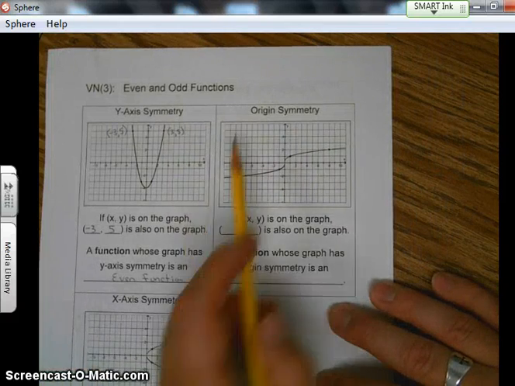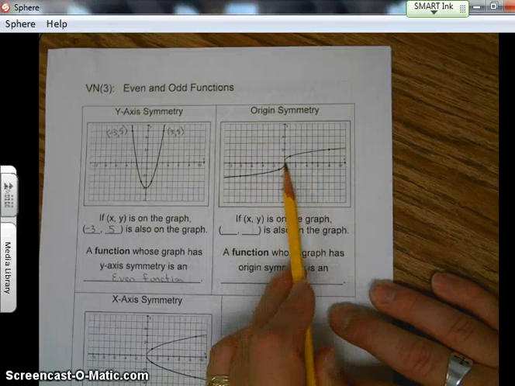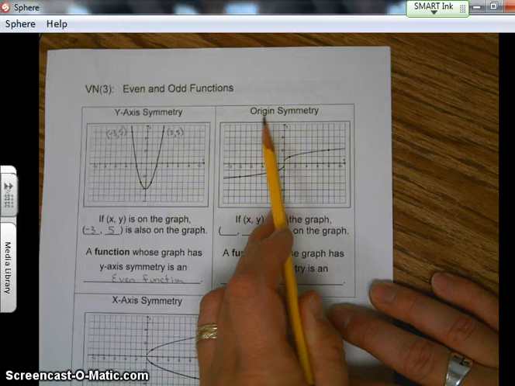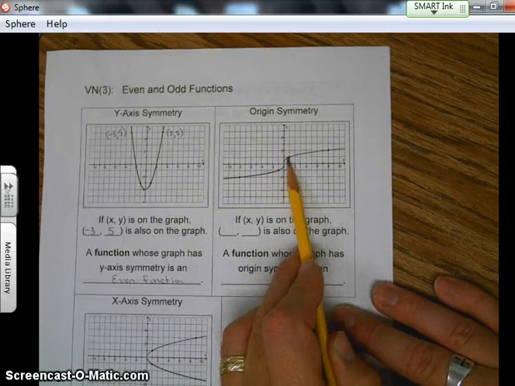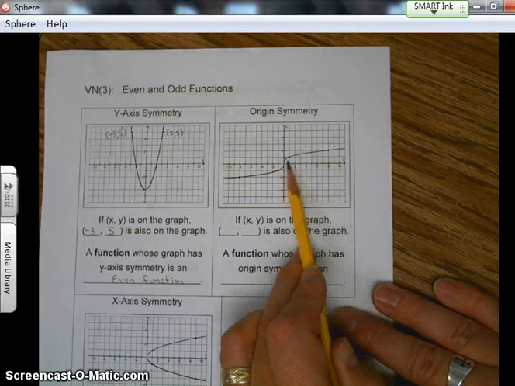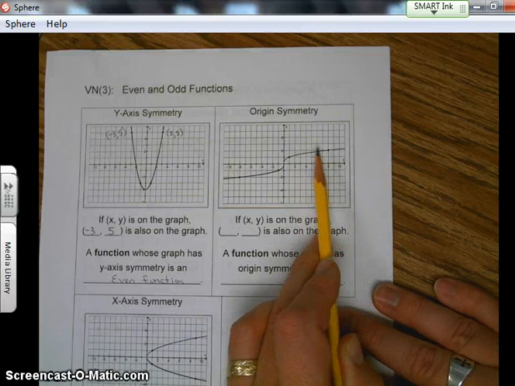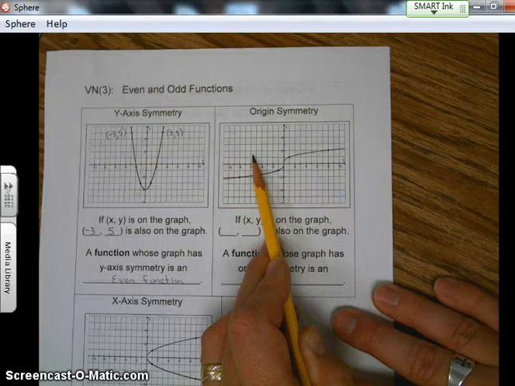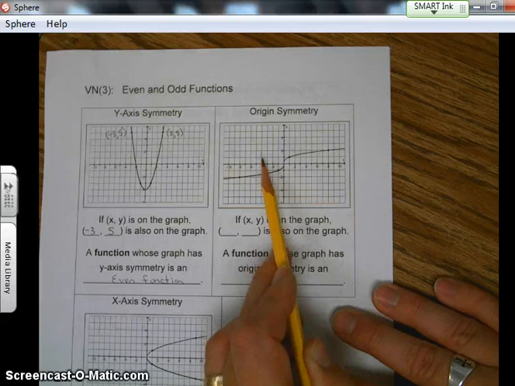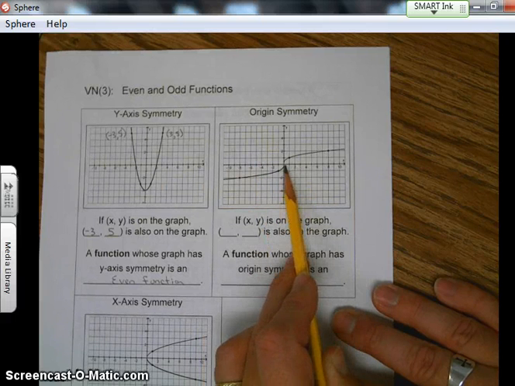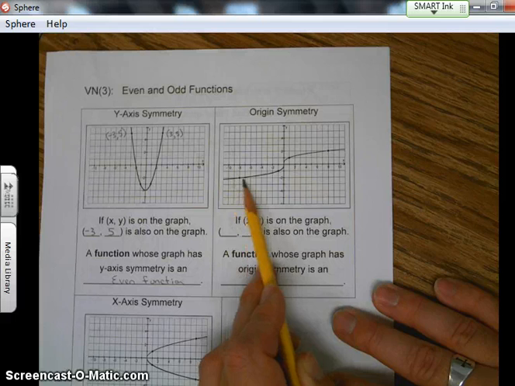Origin symmetry. Remember, the origin is this point right here. To have origin symmetry, if you take this portion of the graph here and you reflect it over the y-axis, so it'd be over here, and then you flip it or reflect it over the x-axis, it lands on itself.